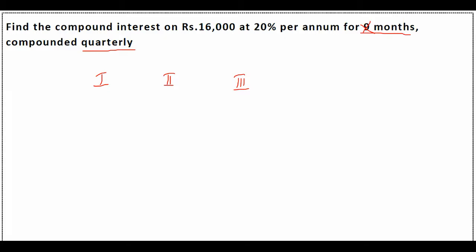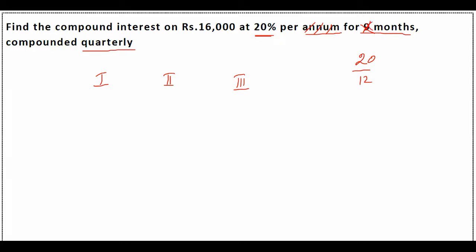Then we have to look at the rate percentage. Always the rate percentage will be per annum only. Whether they have given it or not, you have to take it as per annum. So 20% is for 1 year, which is 12 months. But we have to take it for only 3 months, not 9 months.